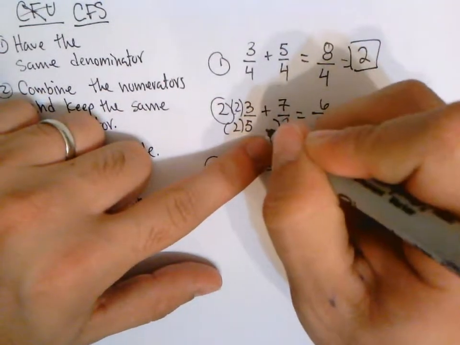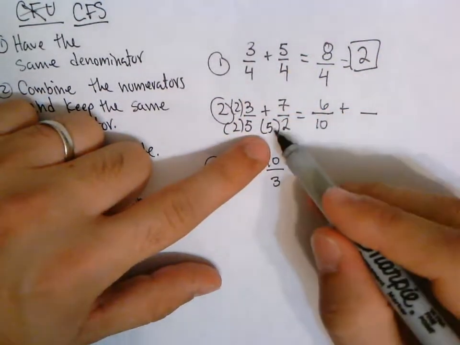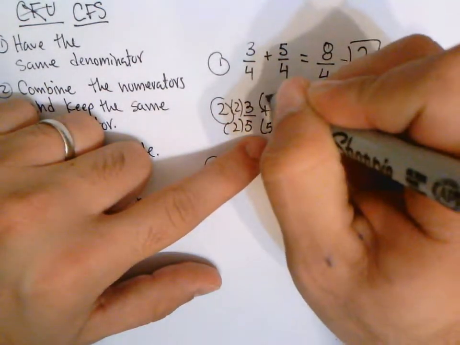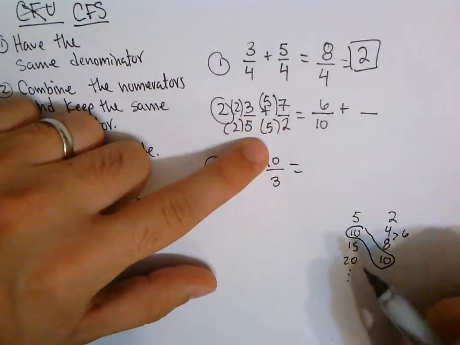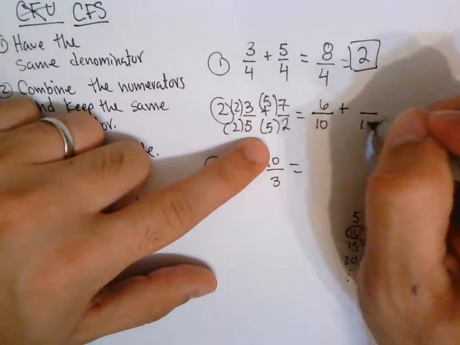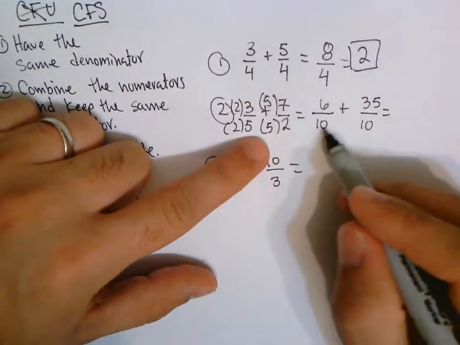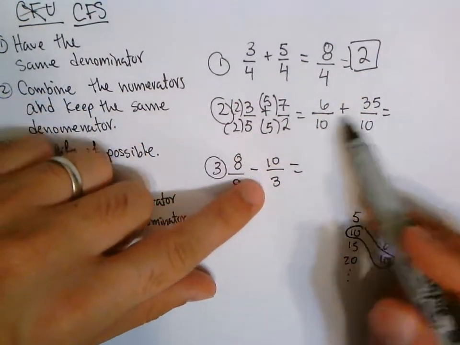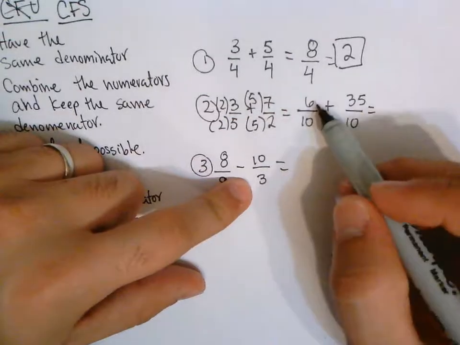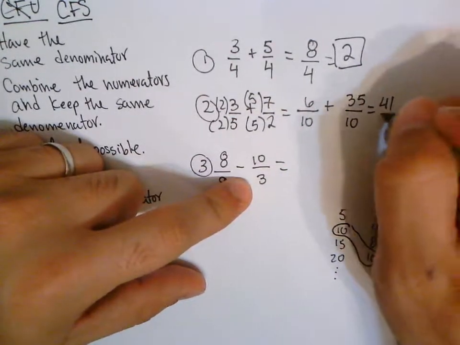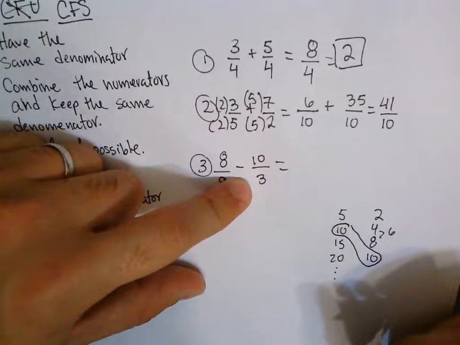Well, I need to multiply by 5. And remember that what I do to the bottom, to the denominator, I also have to do to the numerator. So 5 times 2 is 10. 5 times 7 is 35. Now that I have the same denominator, I can combine my fraction. Well, 6 plus 35, that is 41, divided by 10.